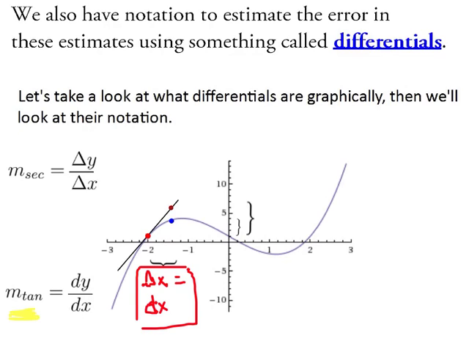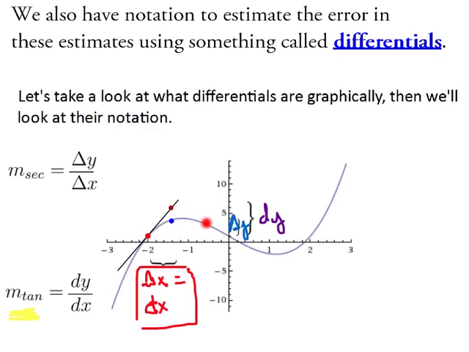So we're going to call that dy, where the change in the y values on the secant line goes from the blue dot down to the red dot, and that is going to be our delta y.